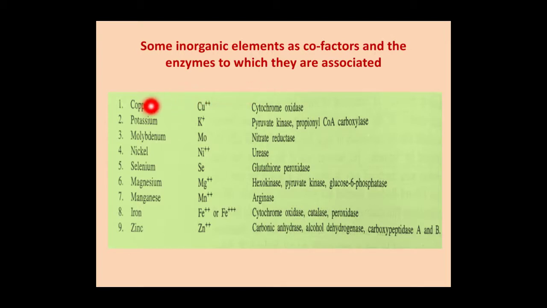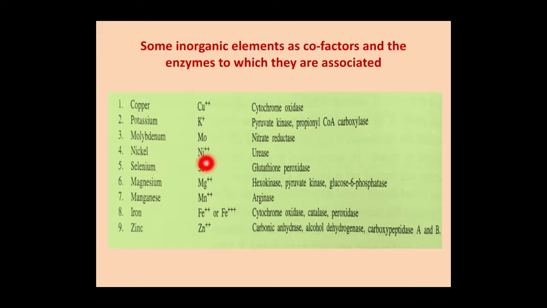Potassium acts as a cofactor in the enzymes pyruvate kinase and propionyl coenzyme A carboxylase. Molybdenum acts as a cofactor in nitrate reductase. Nickel acts as a cofactor in urease. Selenium acts as a cofactor in glutathione peroxidase.